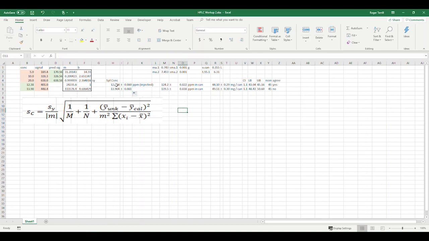So next we want to go from sample concentration to injected concentration, right? And to do that, we're going to use two named variables. It's MA1 and MA2. MA1 is the mass of specimen A here that we pipetted over, and MA2 is the total of the water plus that mass.